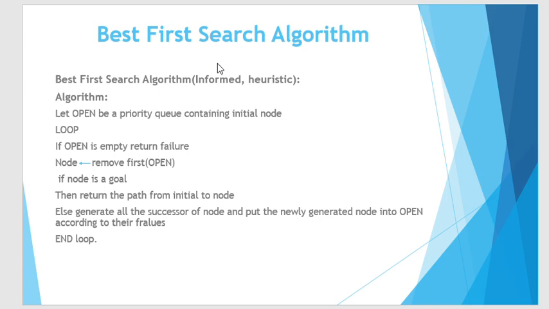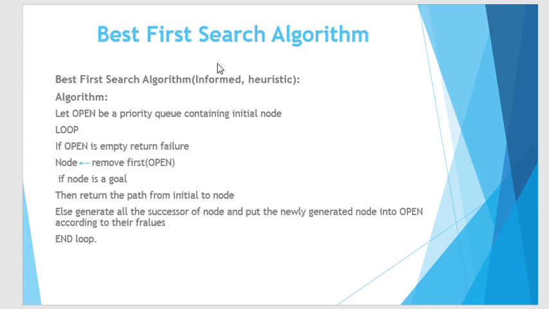But what is the priority over here? It is based on the heuristic value. According to the heuristic value of the node, we are giving them priority, and according to that only, we'll remove them from the queue and explore them further.